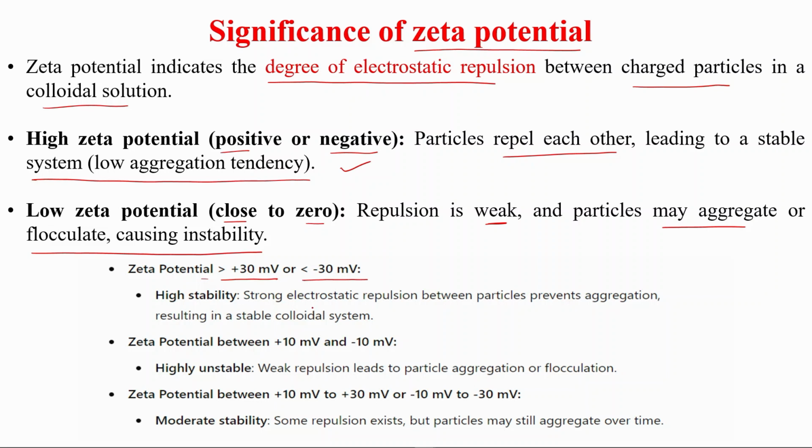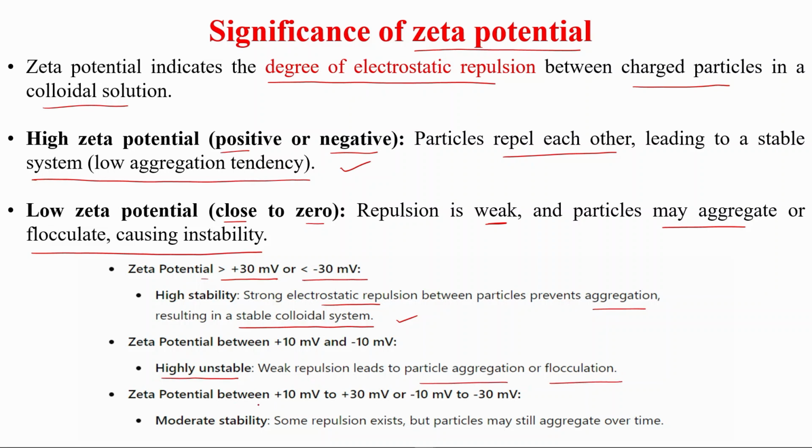That is, there will be strong electrostatic repulsion between the particles that will prevent aggregation, resulting in a stable colloidal system. Now if the zeta potential lies between 10 and minus 10 millivolt, then we will say that the system is highly unstable. There will be weak repulsion, leading to particle aggregation and flocculation.